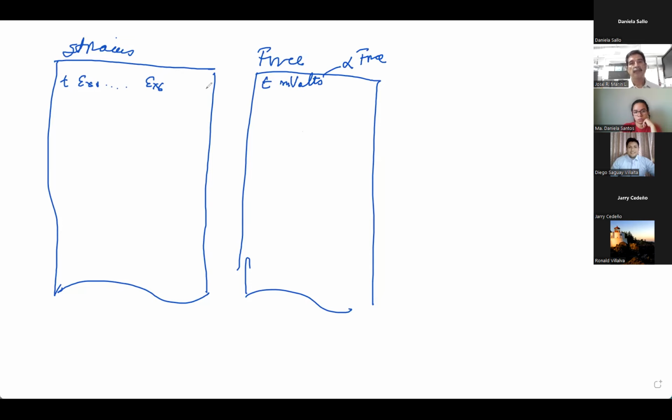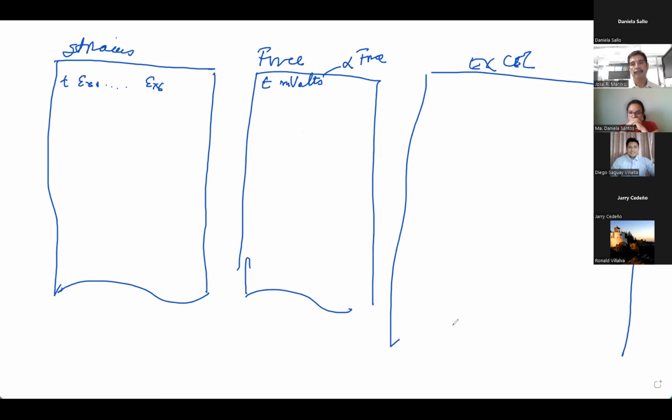So what you have to do is put both of these in a single Excel. This is what I did. Here I have the time, I have millivolts. With these millivolts, I can generate another column with the force in newtons.